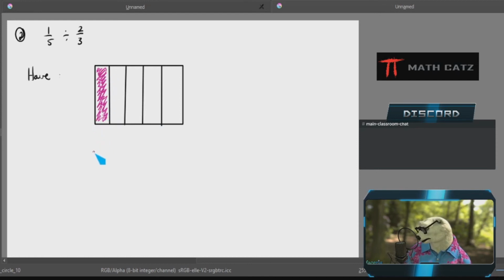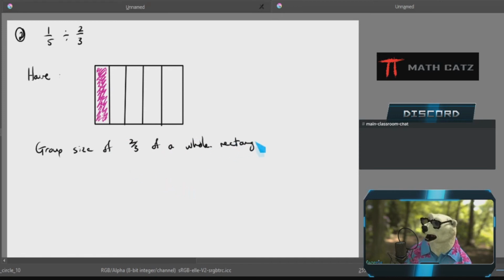All right. So now, understanding what the division is instructing me to do, I need to look at a group size of 2/3 of a whole rectangle. Let's emphasize rectangle. That means 2 of 3 rows. Oh, it's 2/3 again.